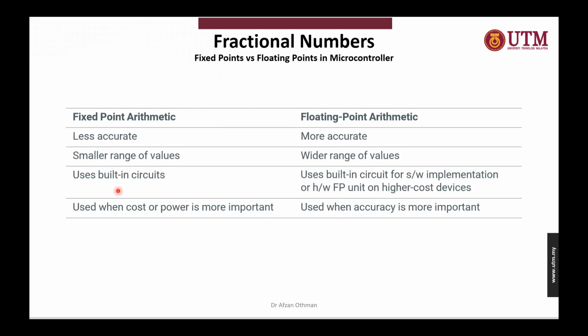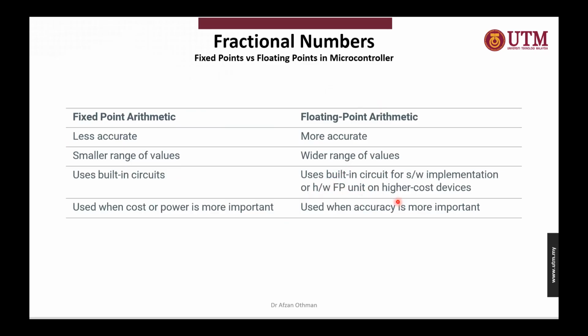Usually the fixed point is used in a built-in circuit. The floating point is also used in a built-in circuit, for software implementation or hardware. For the hardware implementation, we need to use the FP unit, which is a floating point unit.